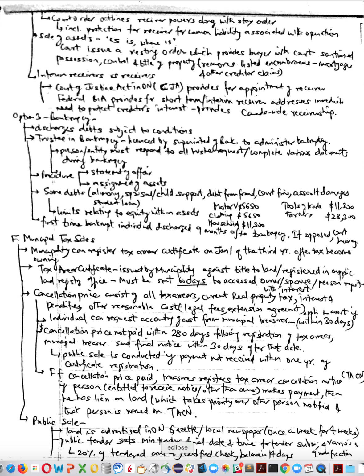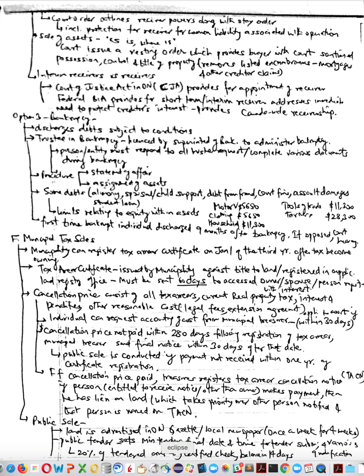Tax arrears certificate. A tax arrears certificate is issued by the municipality against the title to the land and registered in the applicable land registry office. Municipalities must include information in the certificate as set out in the municipal tax sale rules.